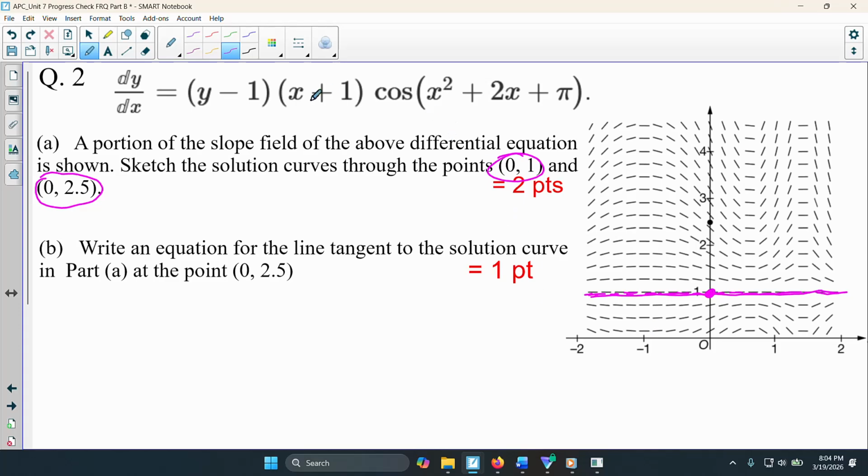The second point, the more interesting point, is this one right here. I'll use a different color, let's say green. This is the (0, 2) point. Let the slopes guide you. You go here, now flatten out, and start pulling up.